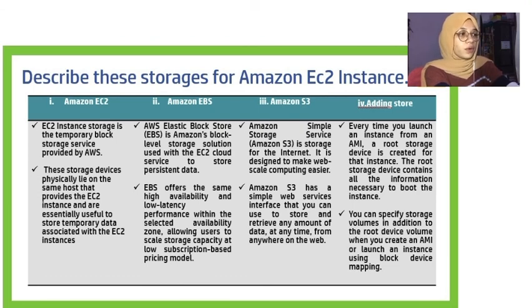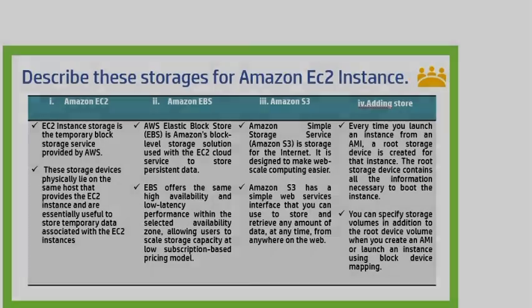Fourth, the root device: every time you launch an instance from an AMI, a root storage device is created for the instance. The root storage device contains all the information necessary to boot the instance. You can specify storage volumes in addition to the root device volume when you create an AMI or launch an instance using block device mapping.